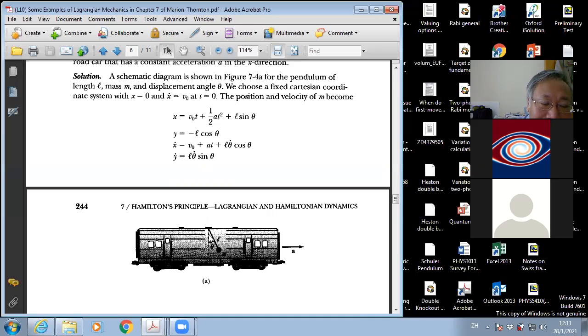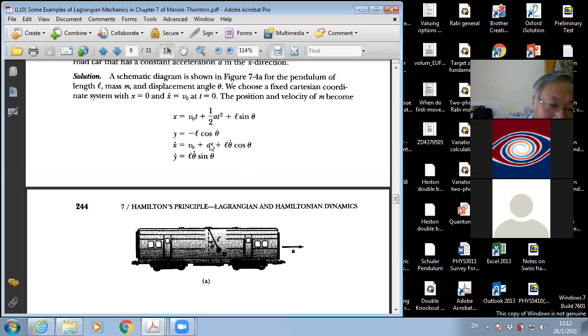All right. L sine theta is the distance relative to this axis in the train, and the train is moving with uniform acceleration. This is the displacement of the train. All right. This is the distance away from this vertical axis inside the train.